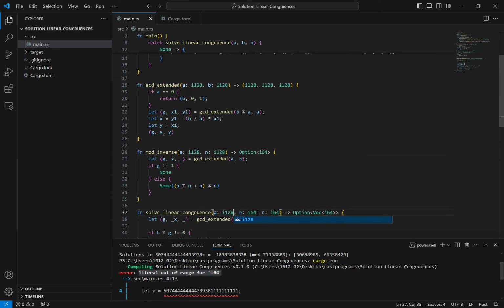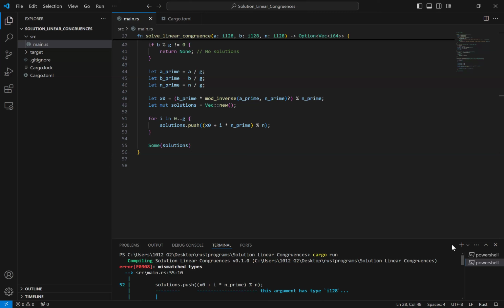What does it say? Mismatched types. Oh, is there somewhere we've forgotten the I-128?